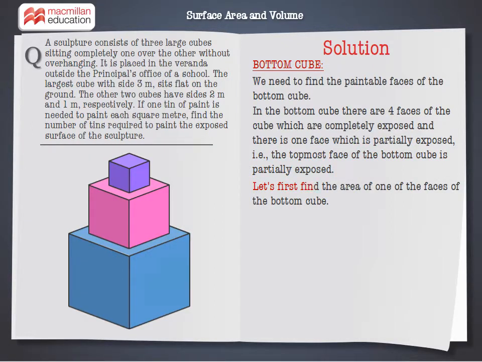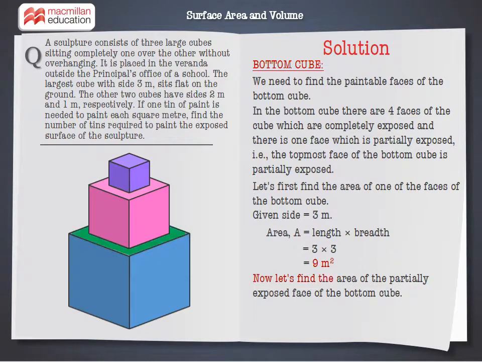Let's first find the area of one of the faces of the bottom cube. Given side is equal to 3 meter. Area A is equal to length into breadth, which is equal to 3 into 3, giving us 9 meters squared.